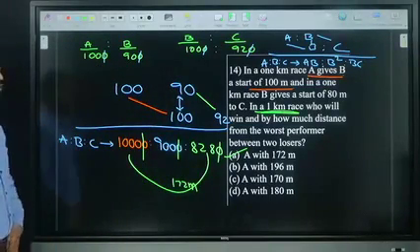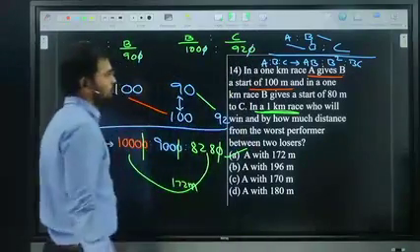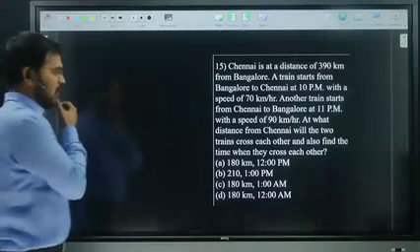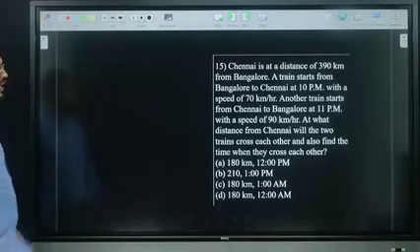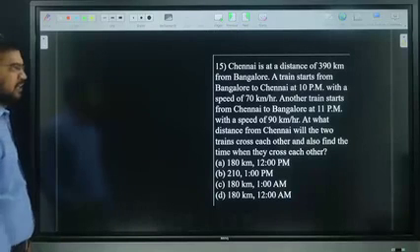Shall I go for the next question? Just try to solve this question yourself. This is a similar question, I already explained one like it.